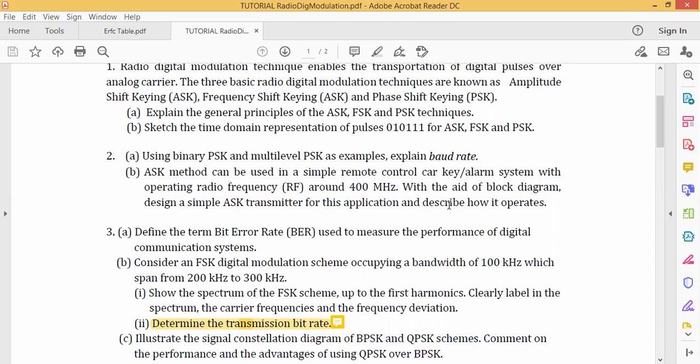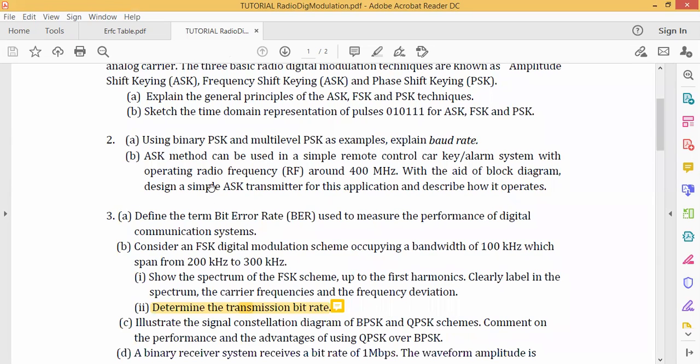You can just use some kind of switch where this switch is controlled by our information signal, 1 or 0. That means for 1, the circuit is operated and the carrier frequency, which is 400 megahertz, will be transmitted. So you can refer to the block diagram of ASK using a switch.